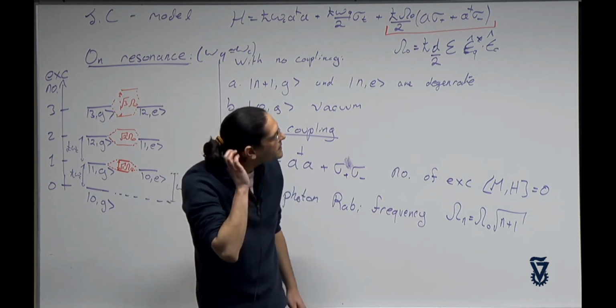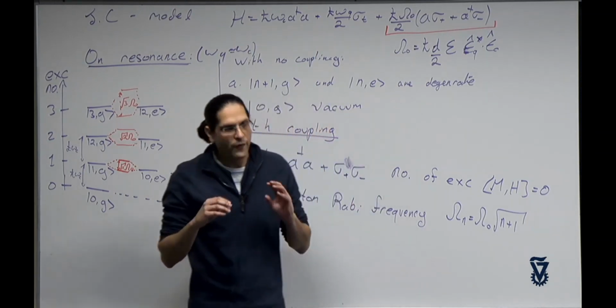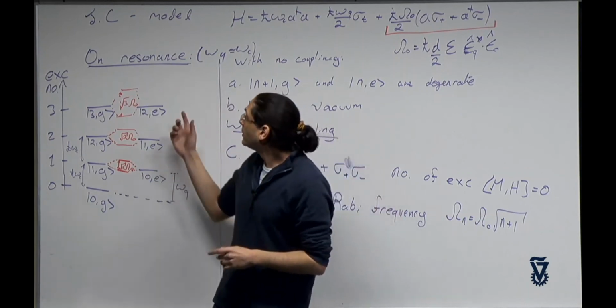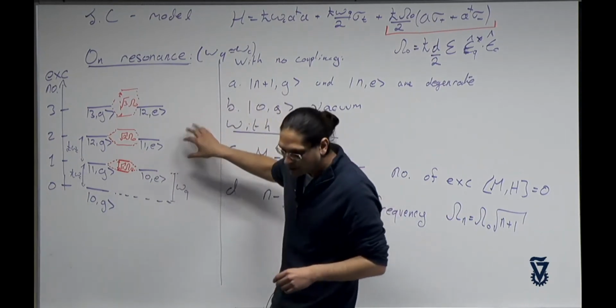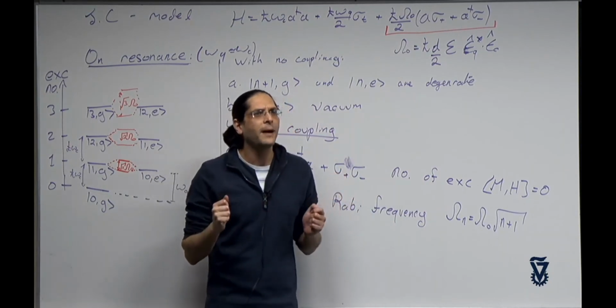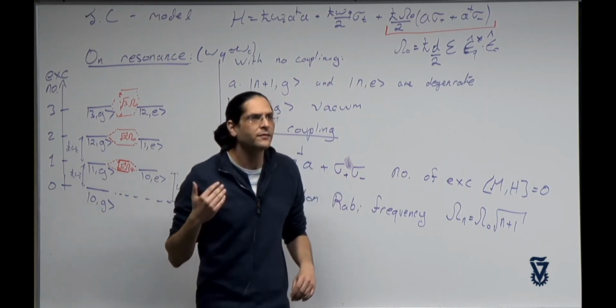So the next thing that we're going to do, this was a little bit about the dynamics of our two-level system being on resonance with our field. The next step, we're going to talk about being off-resonant, what is called the dispersive limit.